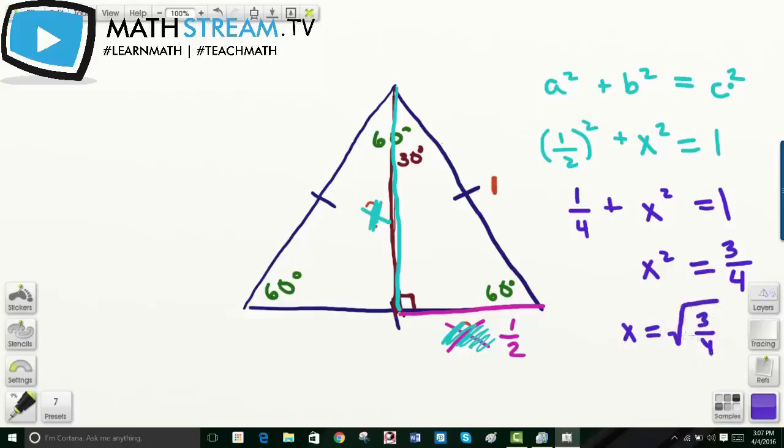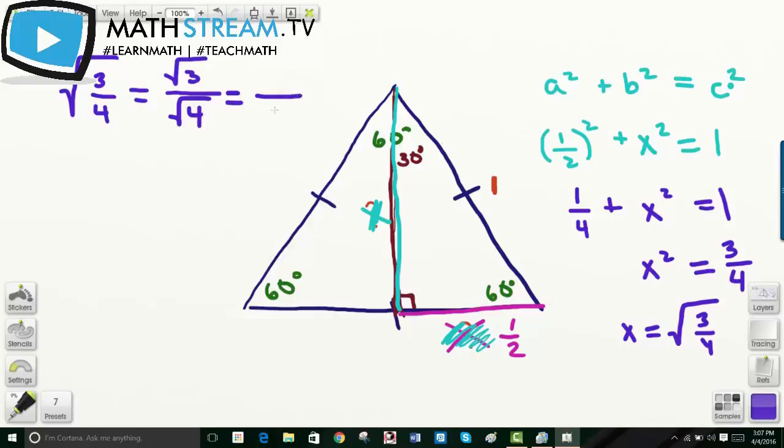The square root of 3/4 is the same as the square root of 3 over the square root of 4. Let me kind of do that over here. So remember, if I have the square root of a fraction, I can also say that's the square root of the top, or the numerator, over the square root of the denominator. Why do I care about that? Well, remember, we don't like roots in the denominator. And we're not going to have to do a lot of work here because the square root of 4 is a whole number.